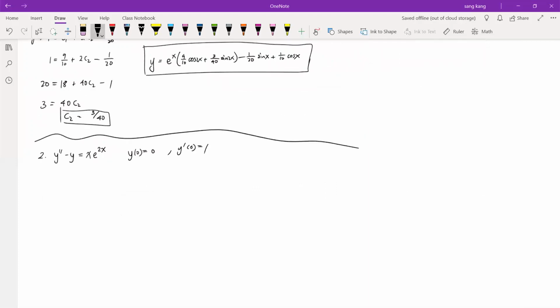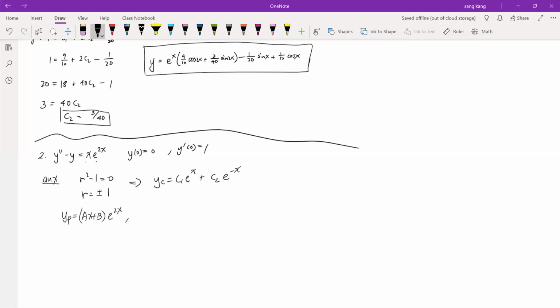Okay, so my auxiliary equation is going to show that r squared minus 1 equals 0, so r is equal to plus or minus 1. From this, our complementary is c1 e to the x plus c2 e to the minus x. Our particular is going to be the product of these two trial solutions, so (ax plus b) times e to the 2x.